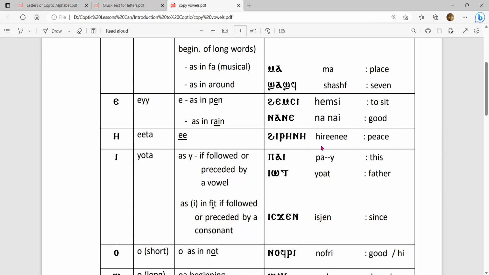And that's how we read it, like in English. Hereni, meaning peace.